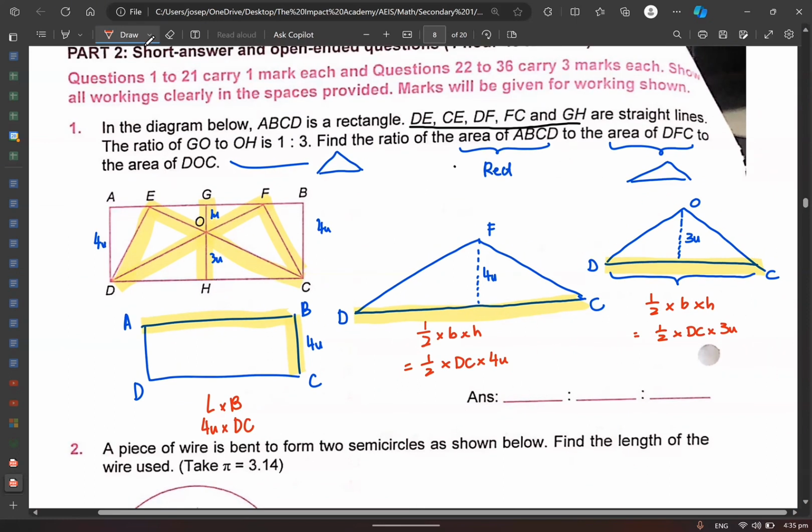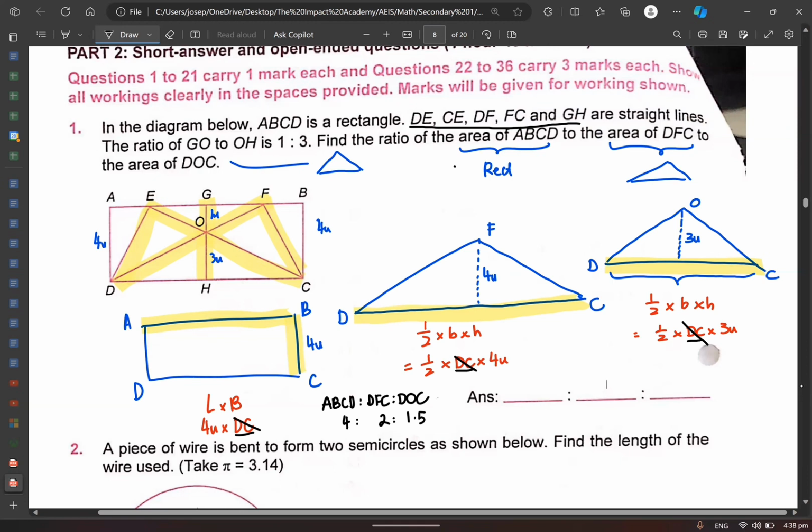So from here itself, whatever you have written out over here is actually already the answer. What I'm going to do right now is this: you realize that they all have DC in their formula, so these are the ones that I can cancel. Now, from here we can see that the ratio will be, for ABCD, let me write down ABCD is to DFC is to DOC is 4 is to 2 is to 1.5.